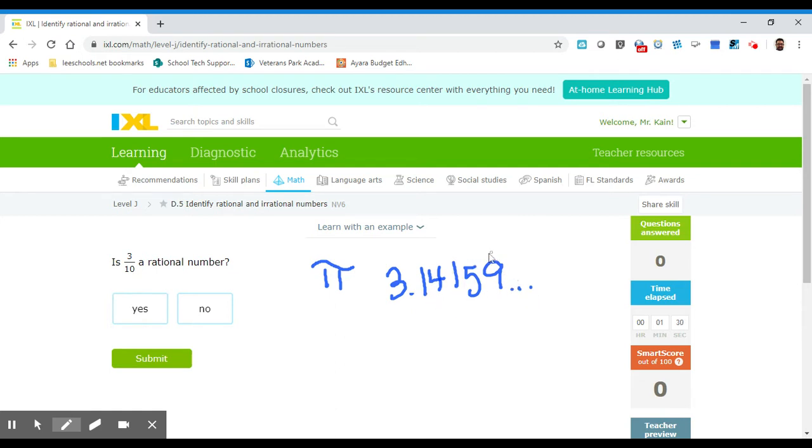Which means it doesn't have something like the line over it, okay? If it has the line over it, if it's repeating, it is rational, okay? So non-terminating, non-repeating numbers are irrational numbers. If they repeat, they are rational numbers, okay?